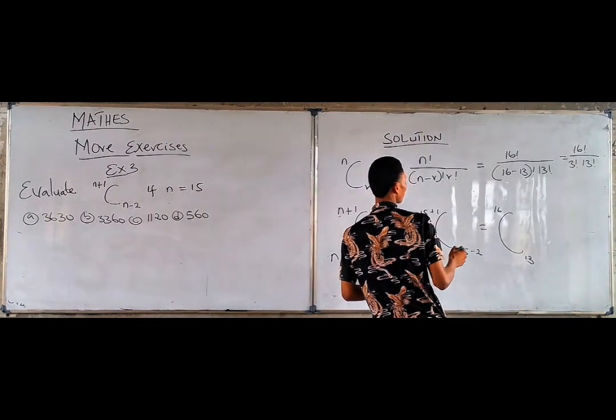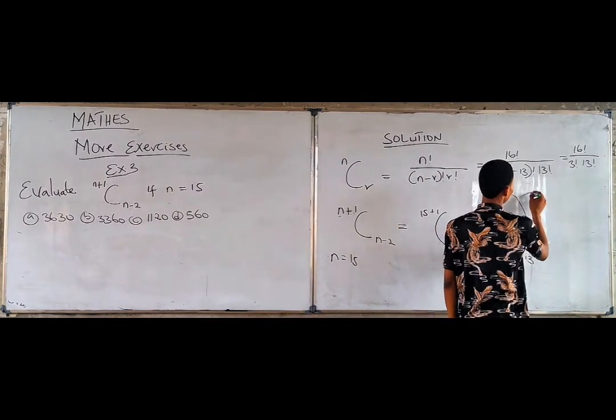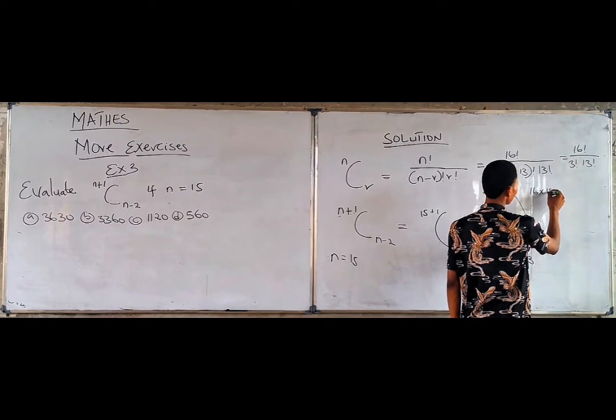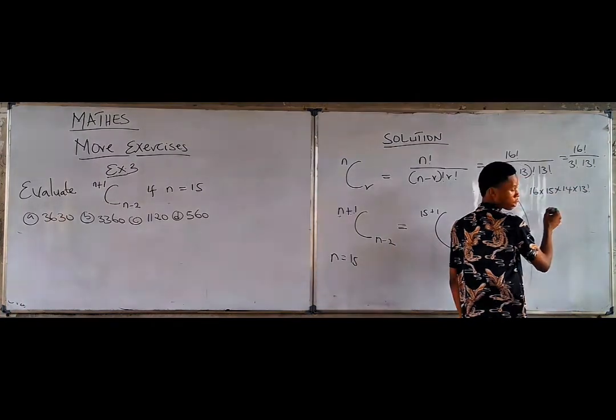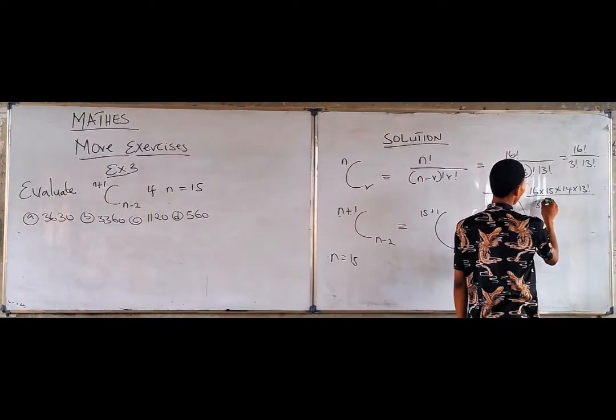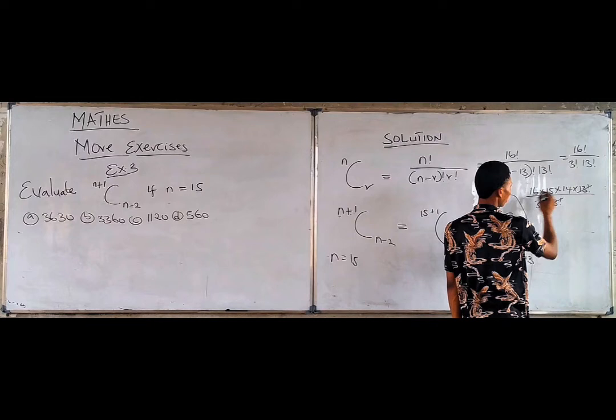Good. Now if that is the case, I will have 16 factorial as 16 times what? 15 times 14 times 13 factorial, right? All over 3 factorial times 13 factorial. But 13 factorial can cancel out 13 factorial, right? So we are left with this.